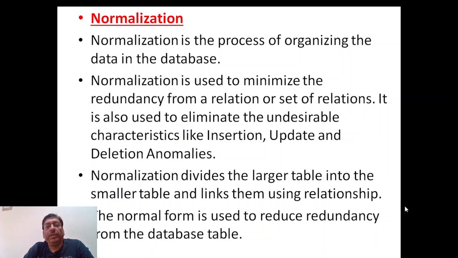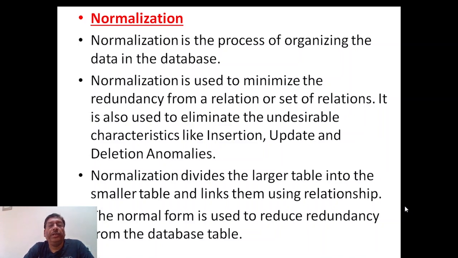When we create multiple tables, you may find that there will be some amount of redundancy within our tables or the relations. So in order to avoid that, in order to organize the data in a database in a particular manner, we need to go with the concept of normalization.